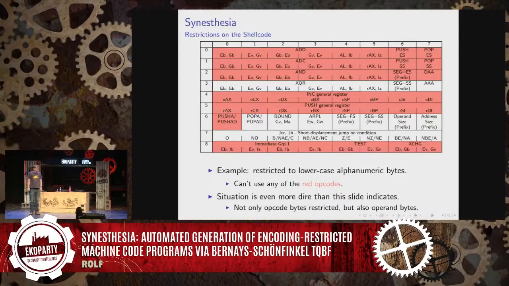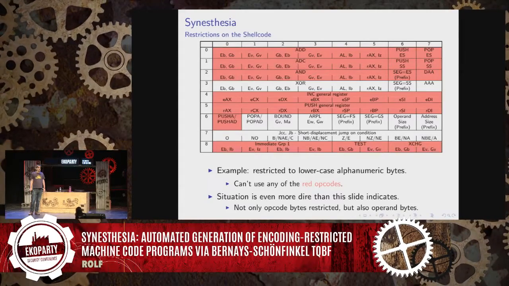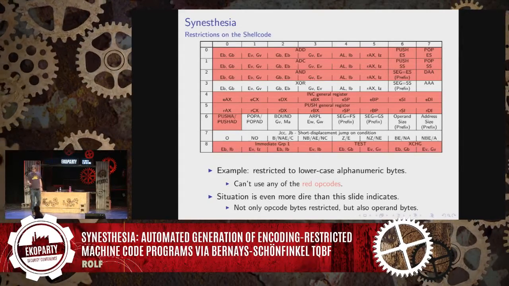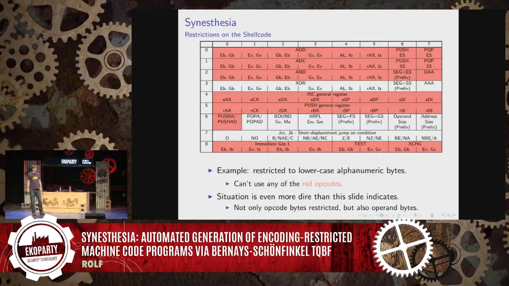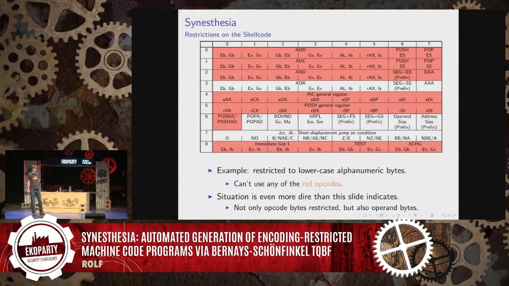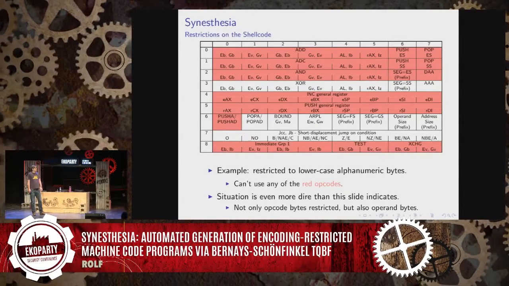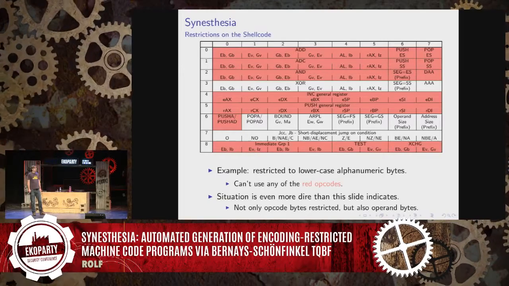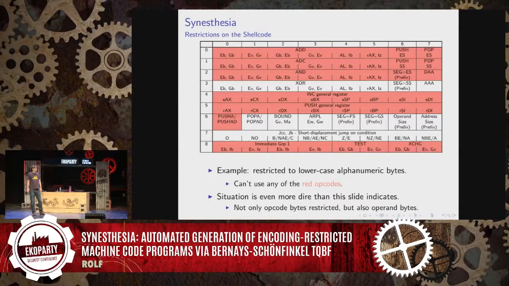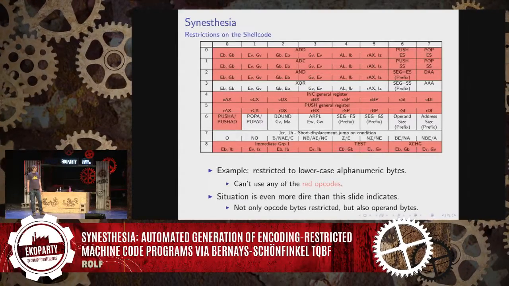So the effects of restrictions like these are to limit the machine code bytes that we are allowed to send. To be clear about it, this slide duplicates one of the opcode map tables from the Intel manuals. And I have highlighted in red those instructions that you are not allowed to use if your input is restricted to be lowercase alphanumeric.